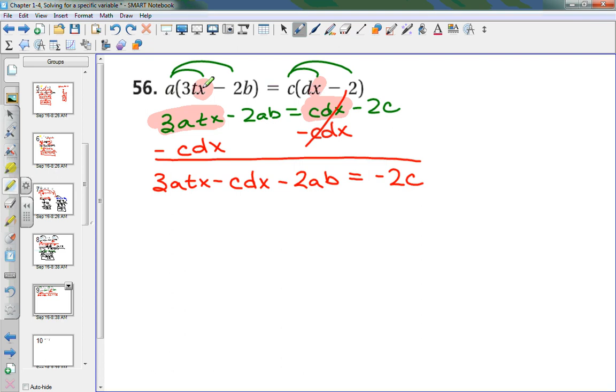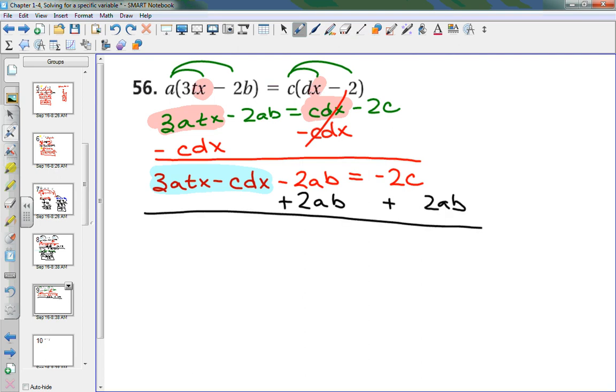Now we want to isolate just this, because those have my x's in them. So I need to get rid of that 2ab. It's attached by subtraction, so I'm going to add 2ab to both sides. So from left to right, what am I left with? This junk with my x's in it. The 2ab's cancel out, and that's equal to negative 2c plus 2ab.